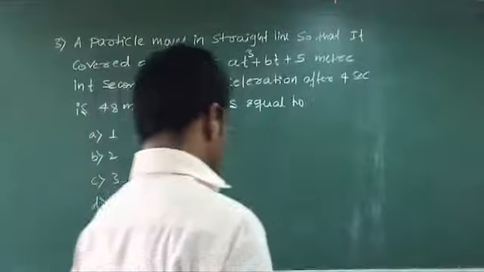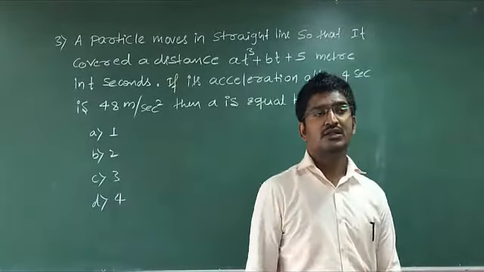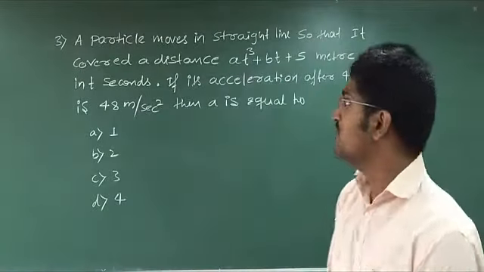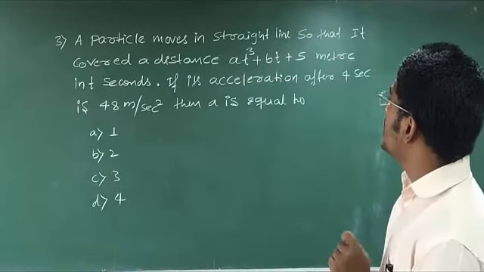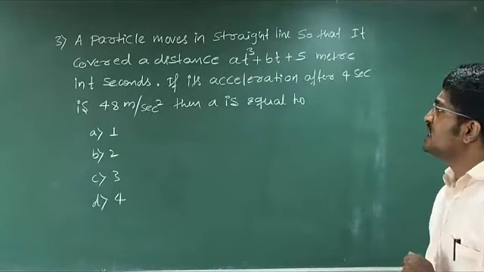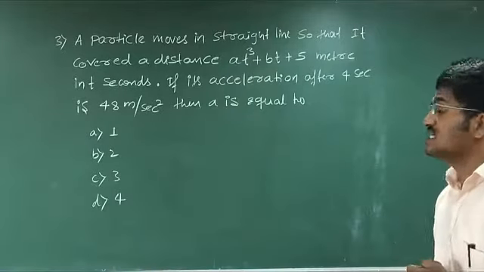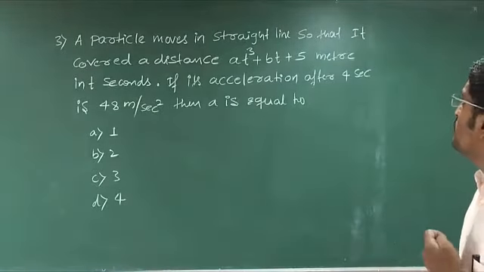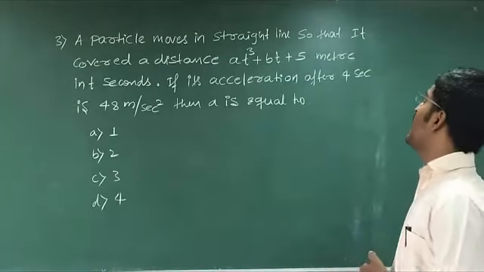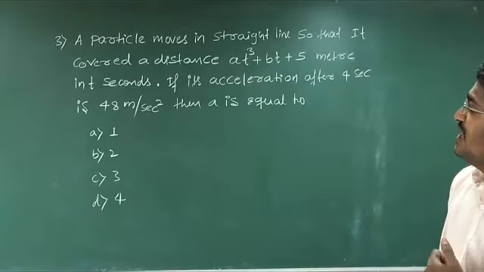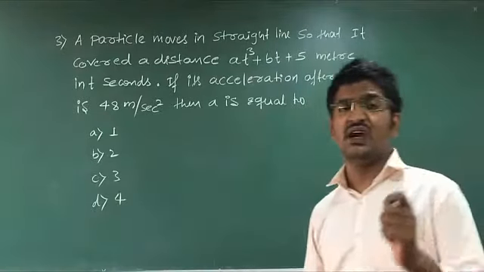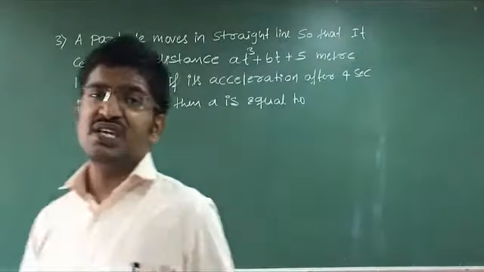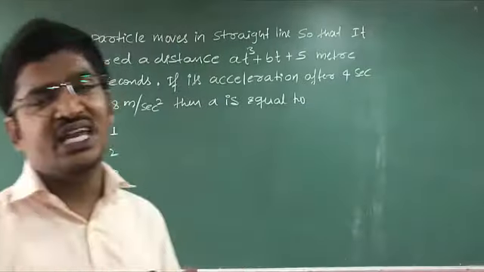Okay students, now let us go for the third problem. A particle moves in a straight line so that it covers a distance a t cube plus bt plus phi meters in t seconds. That means they have given the equation of distance traveled in t seconds.